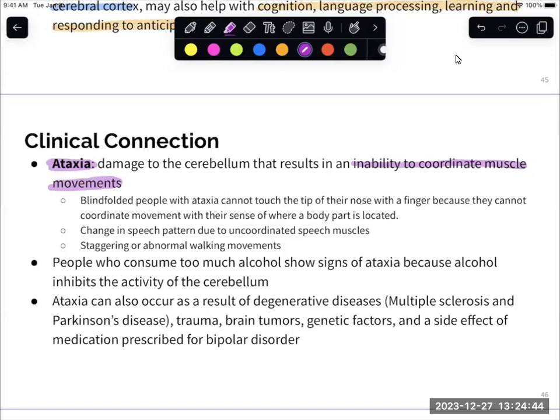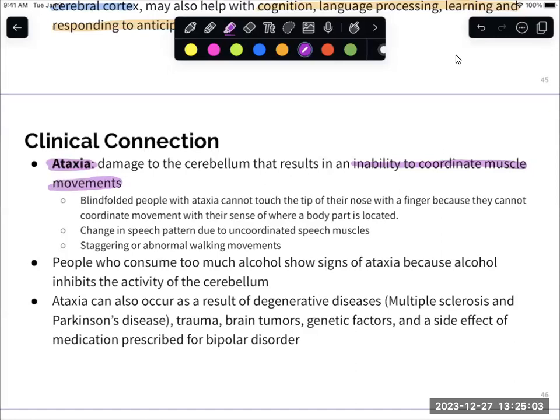There's a lot of different coordination tests to check cerebellar function, like taking your hand and hitting your other hand, palm up, palm down, palm up, palm down as fast as you can.